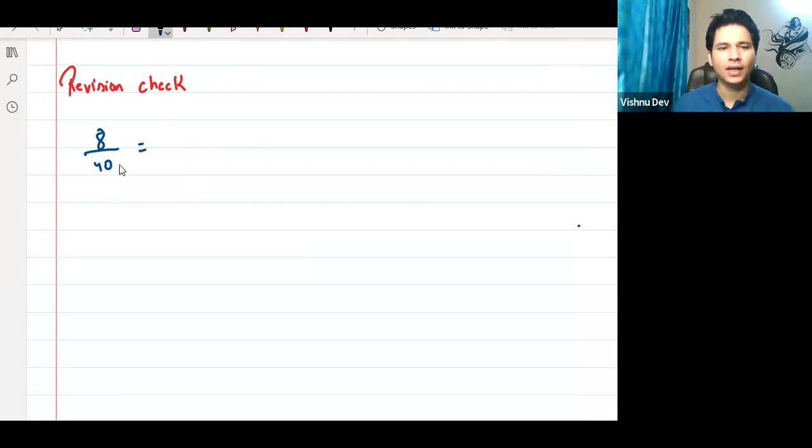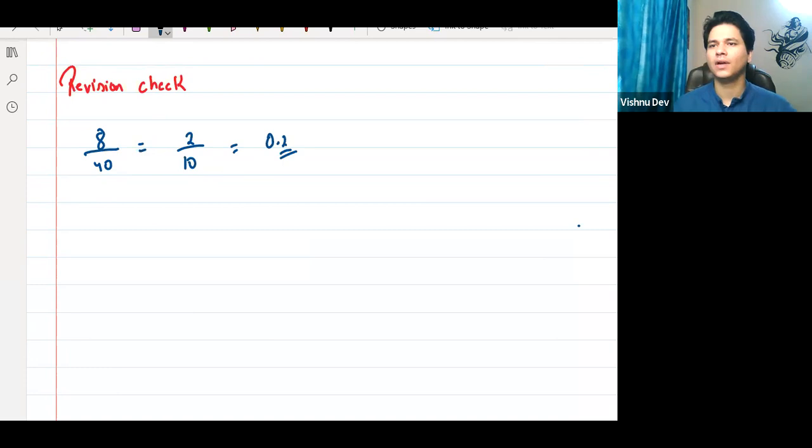So 8 and 40 have an HCF of 8, giving 1 by 5. But I have to write the decimal in terms of 10, so I will write it as 2 by 10. This is 0.2. Simple, very easy.